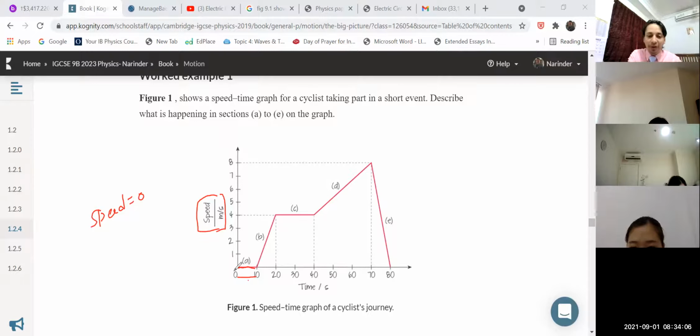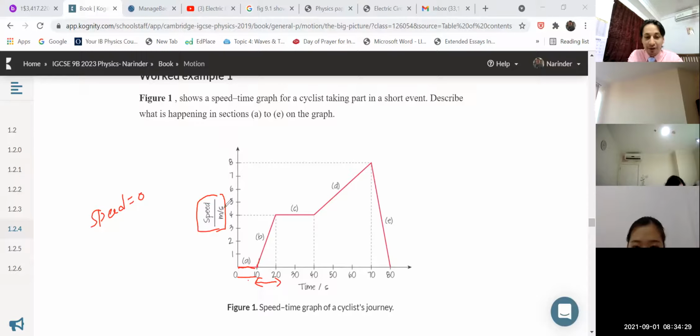What about the next 10 seconds, children? From the time interval of 10 to 20 seconds. After 10 seconds, you can see the object has started its motion, and as the motion starts, its speed is increasing.